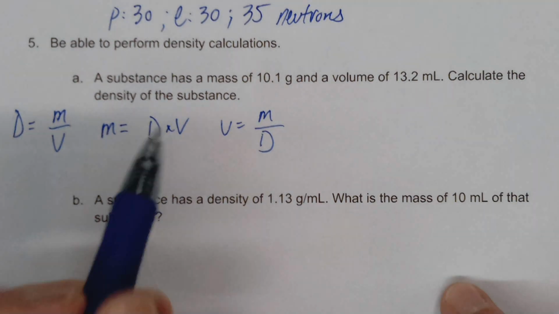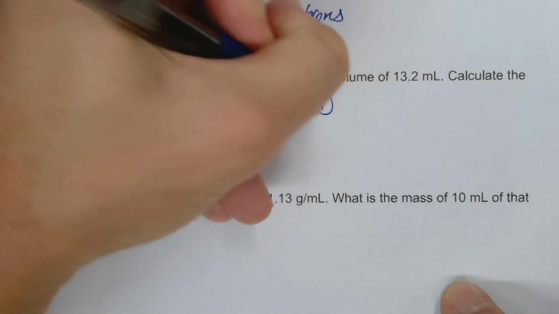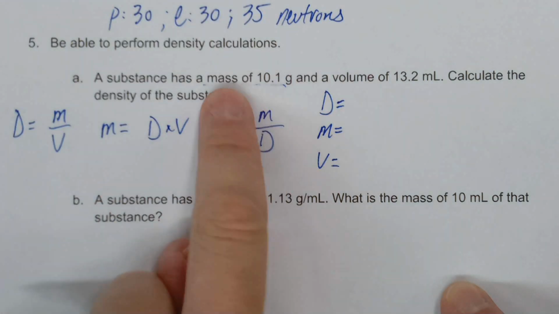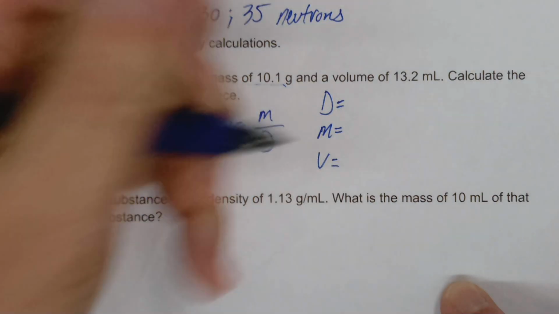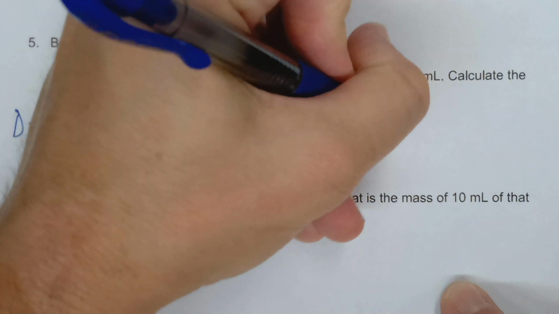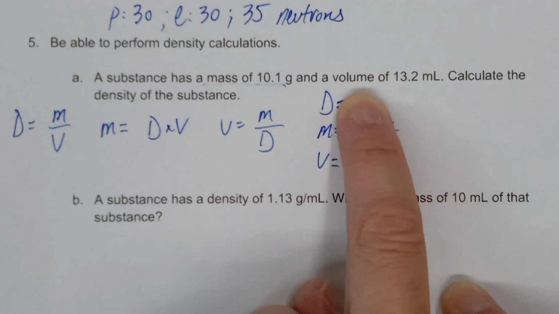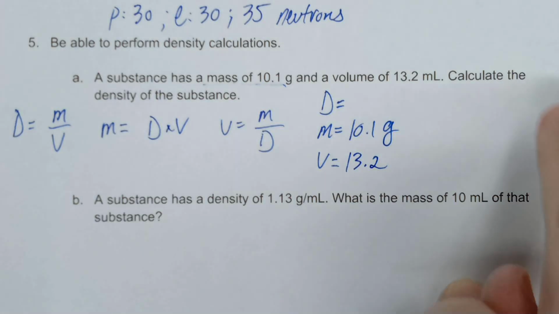So here, I'm being told that a substance has a mass of 10.1. So I always like to fill this in. So mass is 10.1 grams. So I'm going to put that in for M. And a volume of 13.2. So V for volume. Calculate the density.